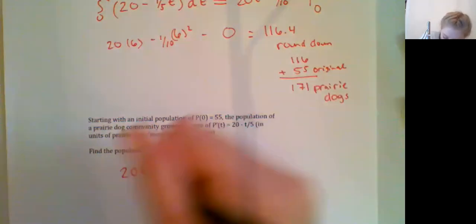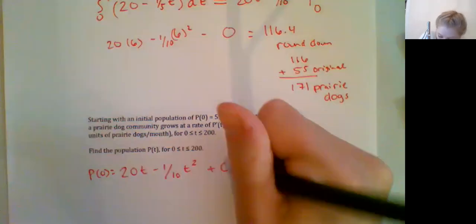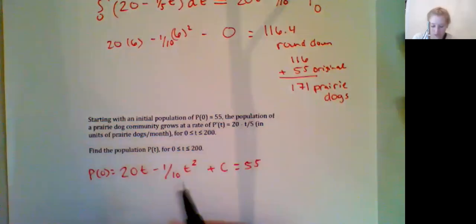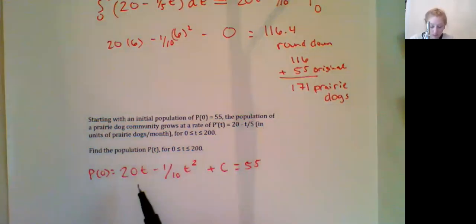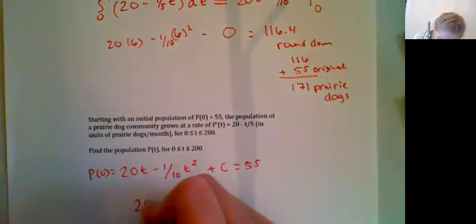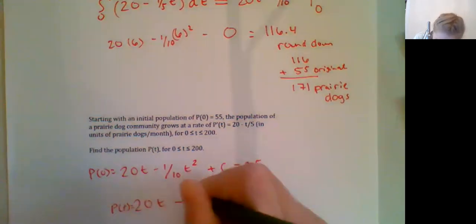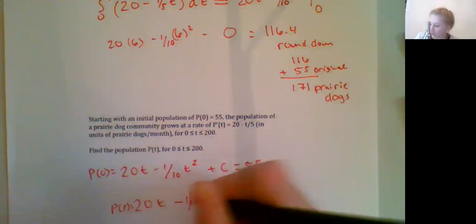So if I substitute in 0 for t, it equals 55. If I substitute in 0 for t, this is going to go away, this is going to go away, and essentially c is going to be 55. So we're going to say 20t minus 1/10.